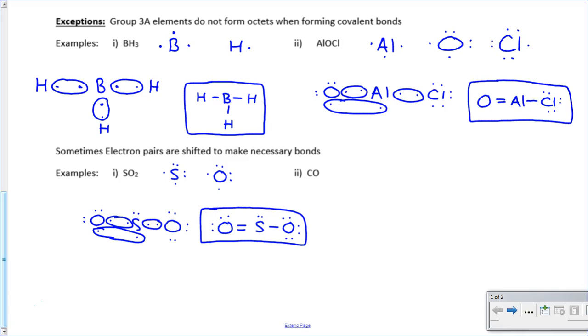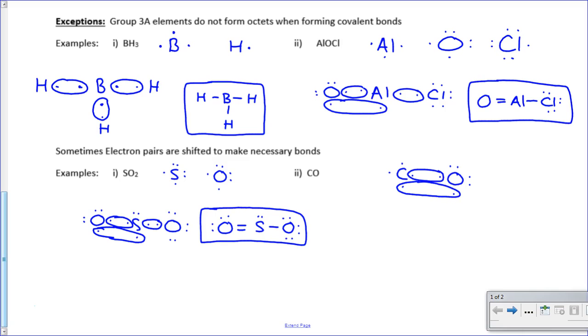Carbon monoxide is a similar one. In fact, maybe this is kind of an easier example. And so we've got carbon, which has 4 valence electrons around it, and we have oxygen, which has 6 valence electrons around it. They bond to each other once, all right, and that's good. And then they bond to each other a second time, all right, and that works out as well.